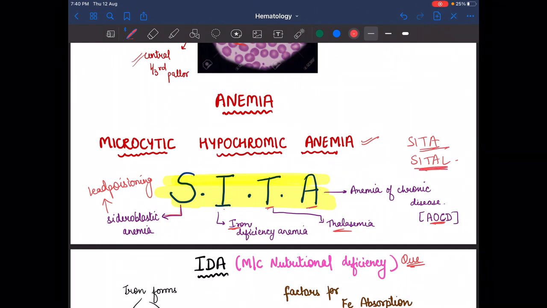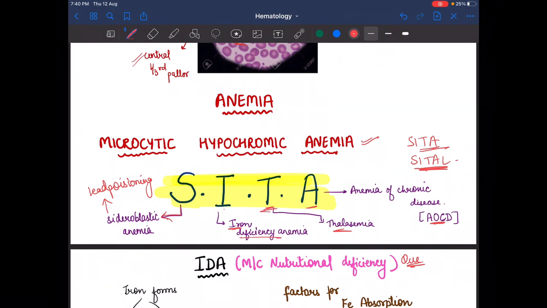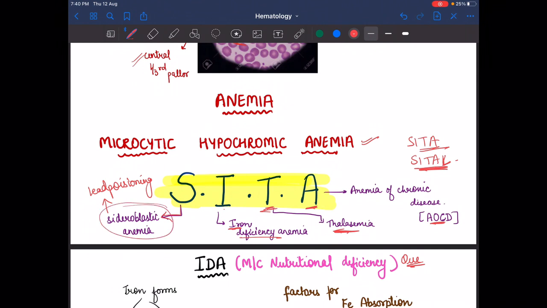S stands for sideroblastic anemia, I stands for iron deficiency anemia, T stands for thalassemia, and A stands for anemia of chronic disease. And if we add the letter L, then L stands for lead poisoning, which is a cause of sideroblastic anemia. So you can remember either SITA or SITAL. These are the causes of microcytic hypochromic anemia.